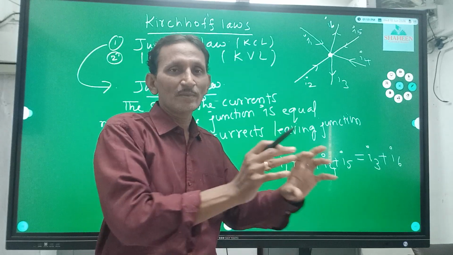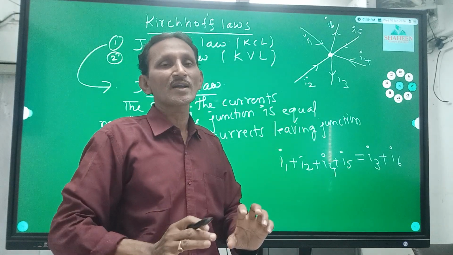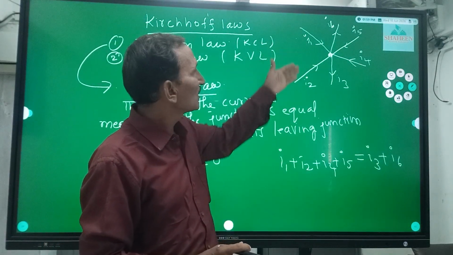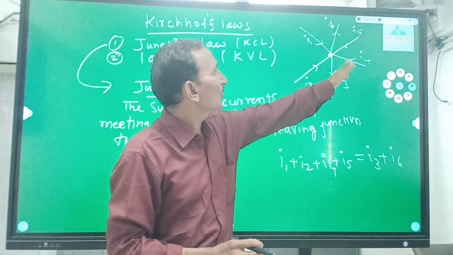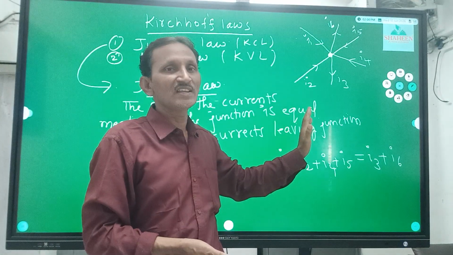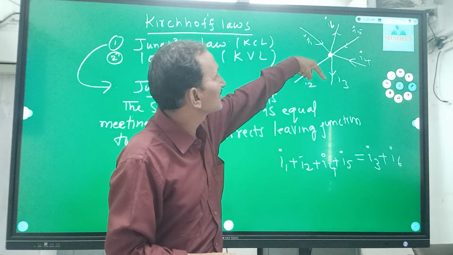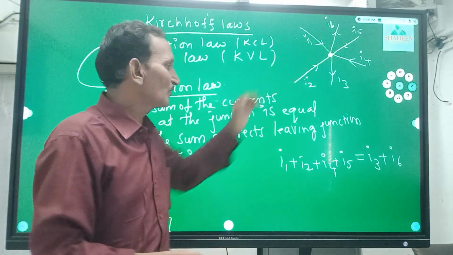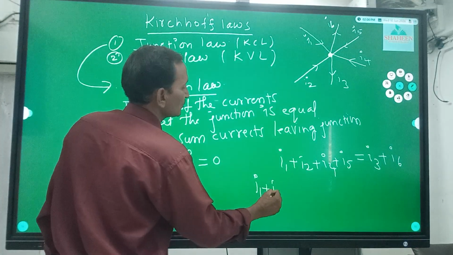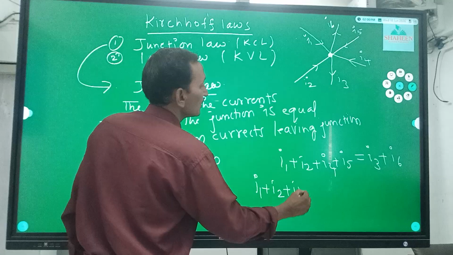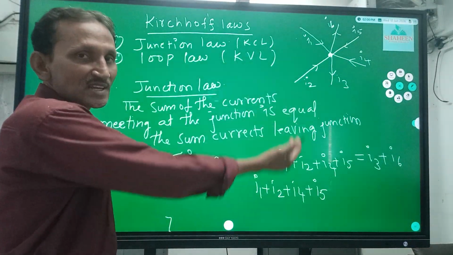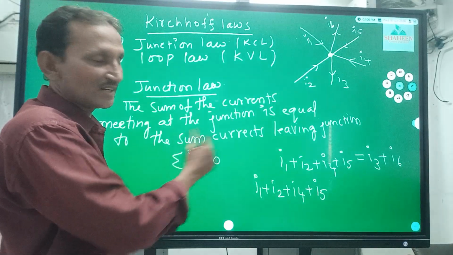So the currents coming into the junction should be equal to the currents leaving the junction. In this junction, I1, I2, I4 and I5 are coming inside, and I3 and I6 are leaving. So the entire equation is I1 plus I2 plus I4 plus I5 equals I3 plus I6.